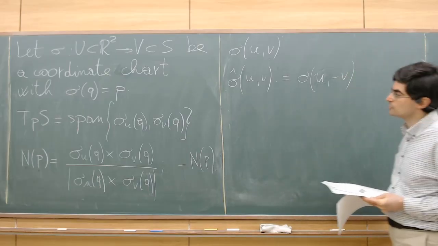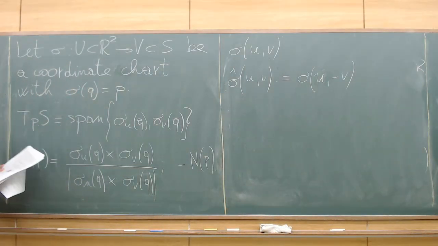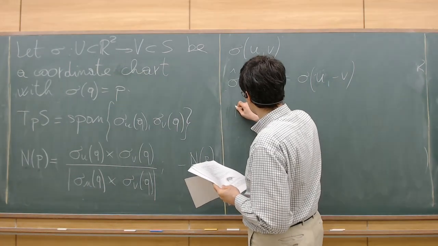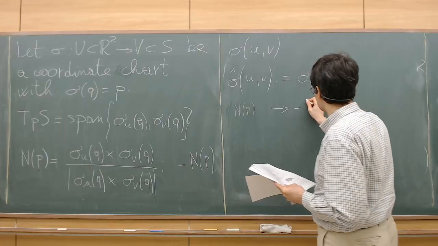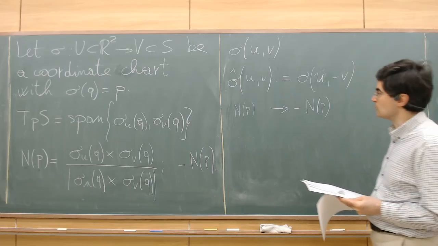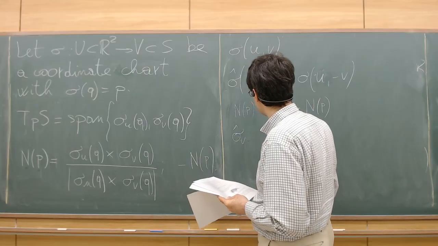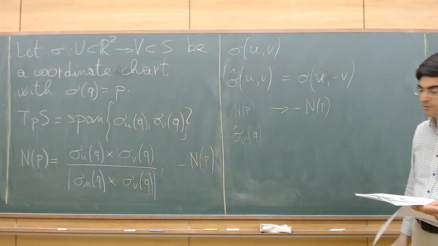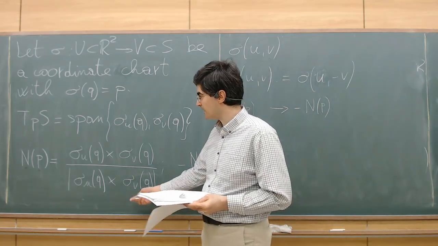And if you try to compute the unit normal vector n as we did here, instead of getting this vector here, you will get this one. Why? Because when you compute sigma hat v at q, there will be a change of sign and consequently a change of sign of this vector.